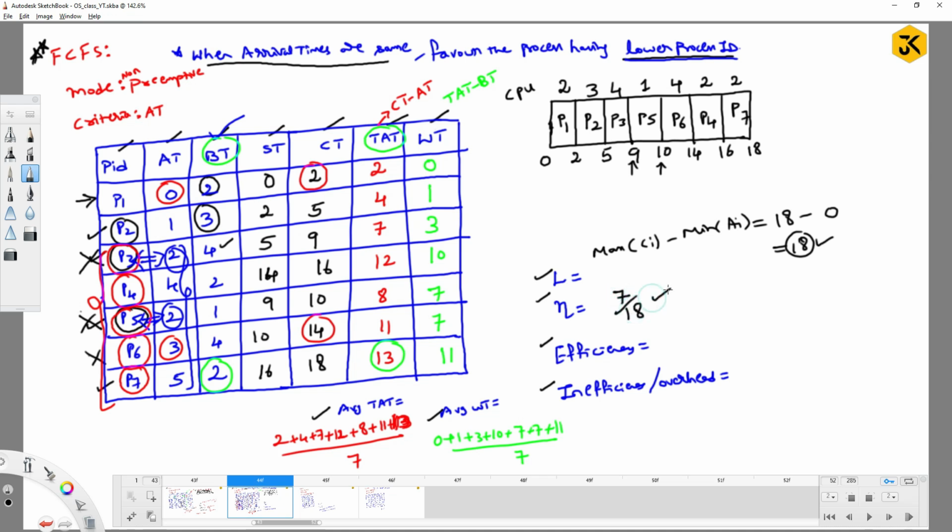And efficiency: is there any wastage of CPU? No. 18 by 18 units of time is perfectly utilized, so efficiency is 100%. Inefficiency is 0%, which means for the time I have used the CPU, there is no idle time in the CPU utilization.